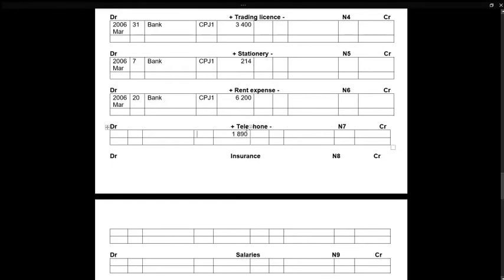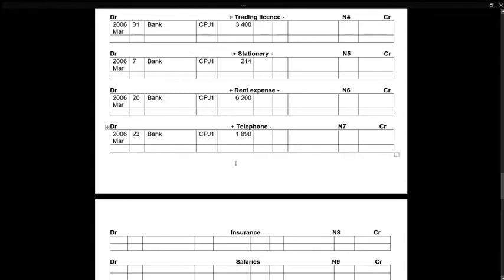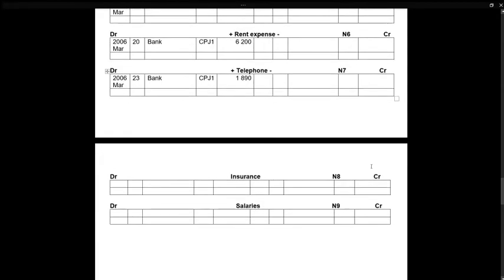I got the information from my CPJ1. Details will be bank. This took place on the 23rd. My details 2006 and March.